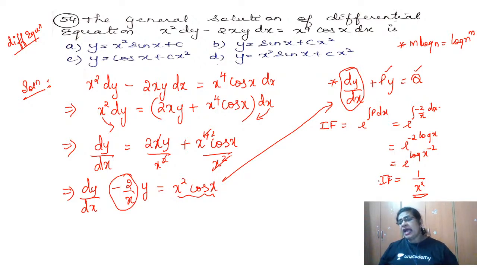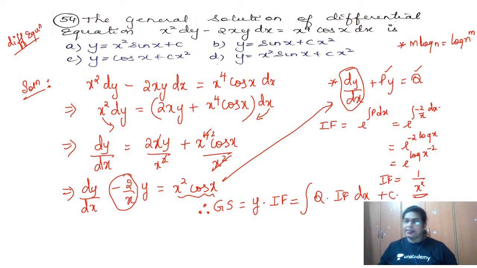So once I have the integrating factor with me, then my last step. How do you write the general solution? It is y into integrating factor is equal to integral of q into integrating factor dx plus c. So substitute, and that is your answer.